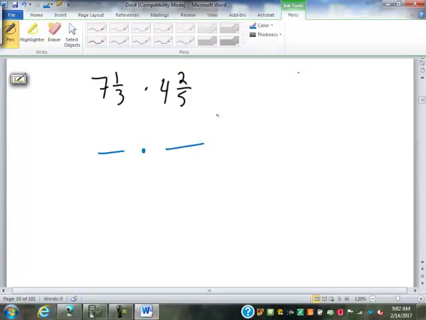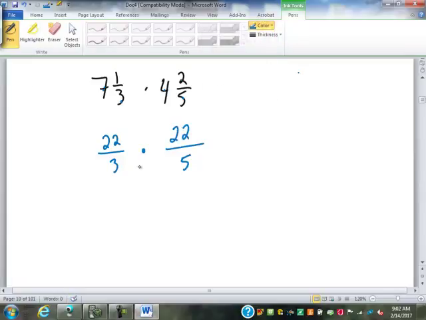Okay. Change them into improper fractions so we don't have to deal with the mixed numbers. So this becomes how many thirds? 7 times 3 is 21, plus 1 is 22, 22 thirds. This will become how many fifths? 4 times 5 is 20, plus 2 is 22 fifths. That's strictly coincidence, by the way.